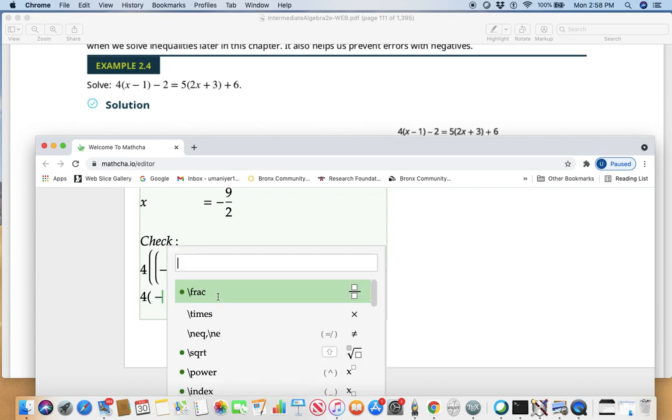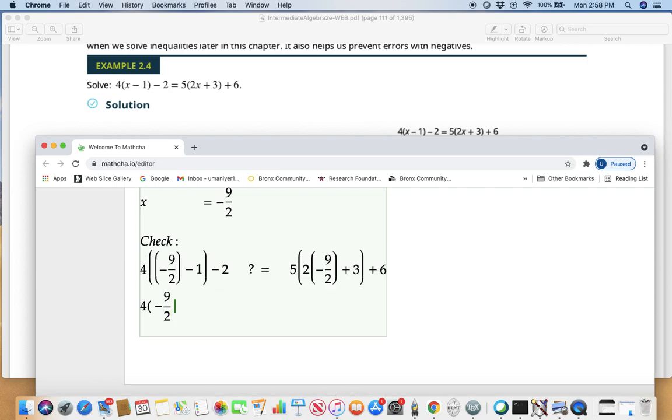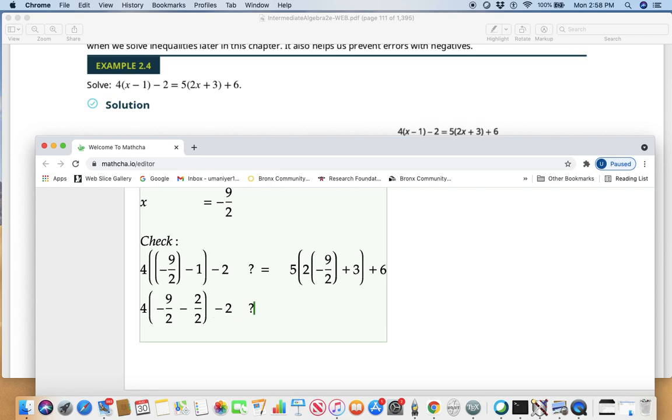So the first number is negative 9 over 2 minus, second number is 1 above. So I'll write it as 2 over 2 minus 2. Question mark equals, this is 5 times, well, to simplify the thing inside, multiplication first. 2 and the 2 reduces, so you're left with negative 9 over 2 plus 3.